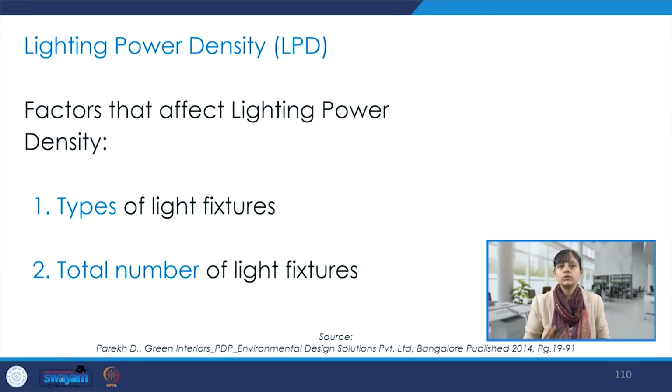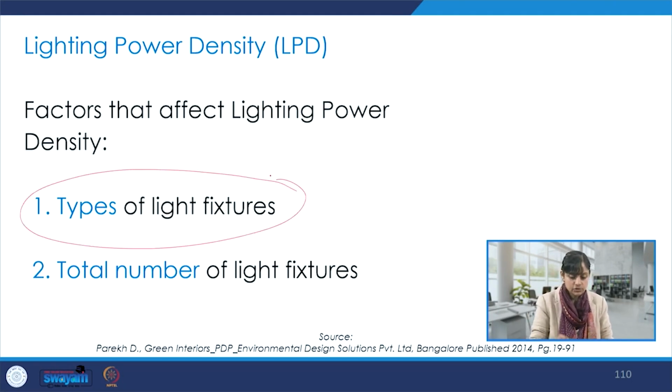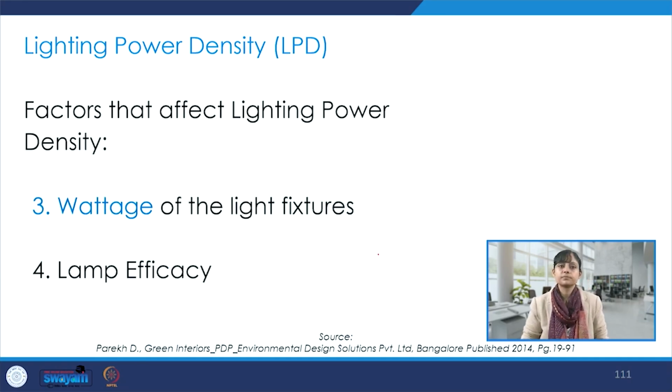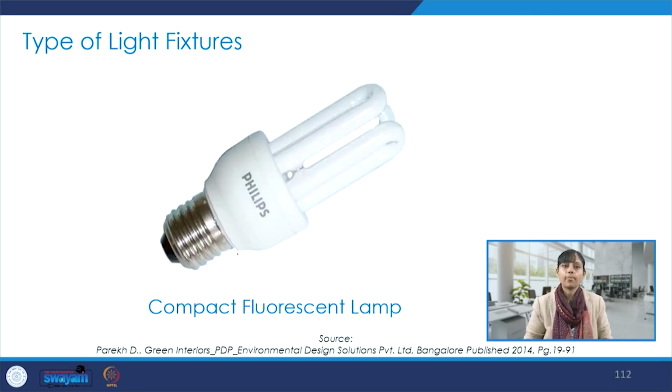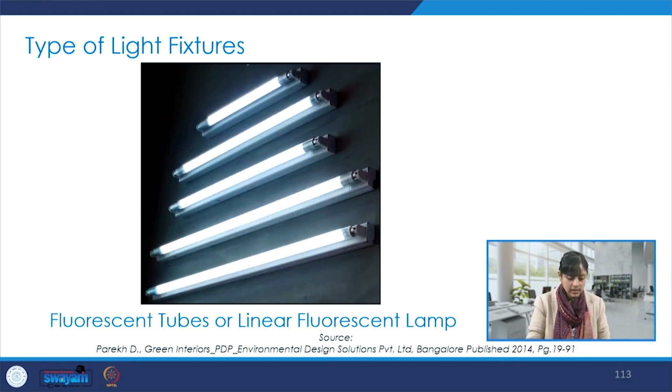So when we talk about lighting power density, the factors that affect lighting power density are types of light fixtures, total number of light fixtures, wattage of the light fixtures, something known as the lamp efficacy. There are different kinds of light fixtures that are available in the market, from a compact fluorescent lamp to this kind of a fluorescent tube.